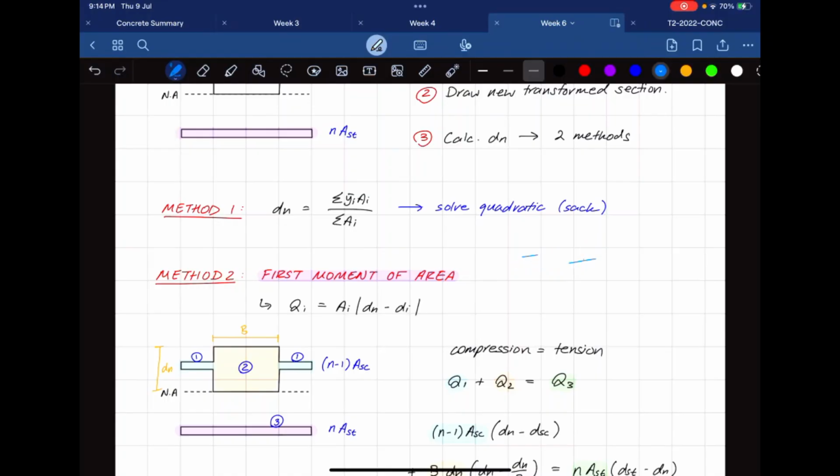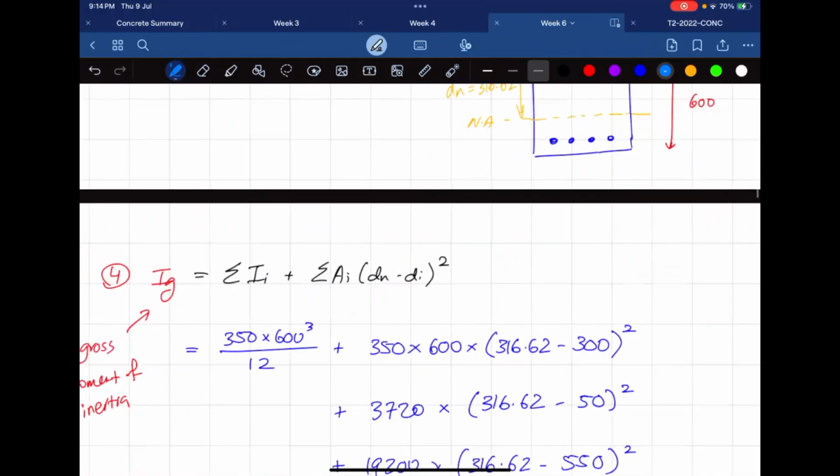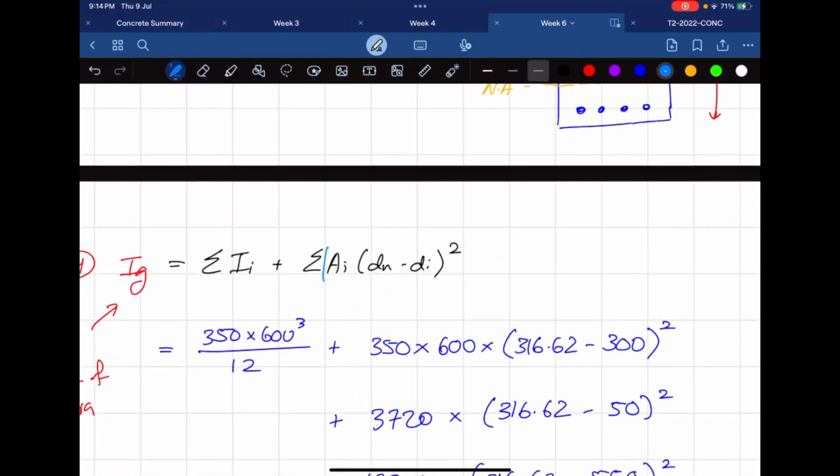But it's actually really, really simple, if I'm being honest. You take the area of your component and you multiply by the absolute value of your neutral axis minus the distance to the centroid. So if I go back to this calculation here, it looks very similar to this part here, except it just doesn't have the square.